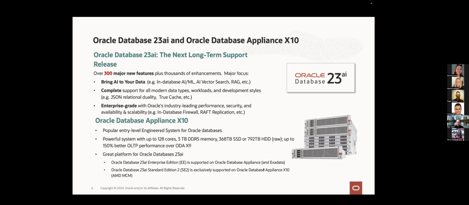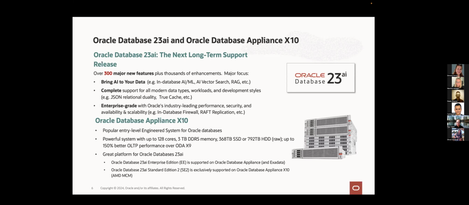Now on the database appliance side, on the Oracle Database Appliance X10, if you want to run Oracle Database 23 AI, you could run it in the cloud today. But if you want to run it on Enterprise Edition on-prem, there are only two platforms that are fully supported today.